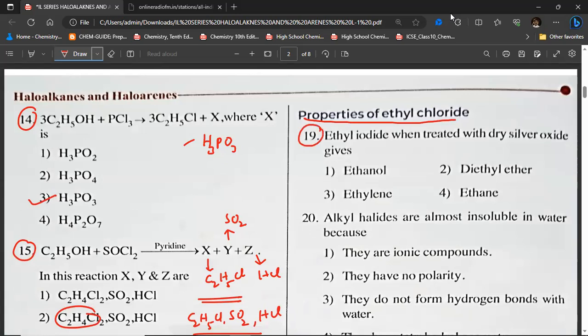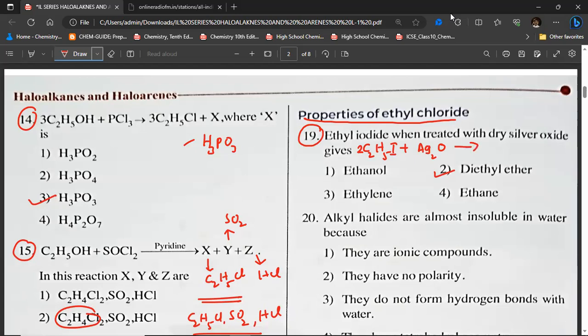Ethyl iodide, when heat treated with dry silver oxide, gives not only ethyl chloride; ethyl iodide is also being discussed in this question. Dry silver oxide usually gives diethyl ether in this reaction. That means if you take 2 moles of C2H5I with silver oxide, if it is moist, you will have ethyl alcohol.